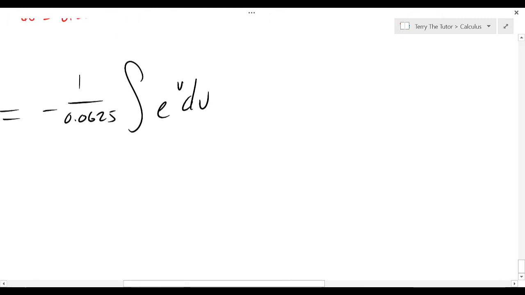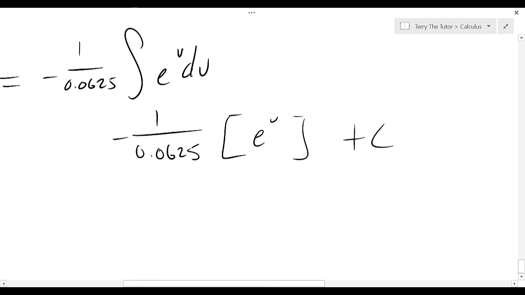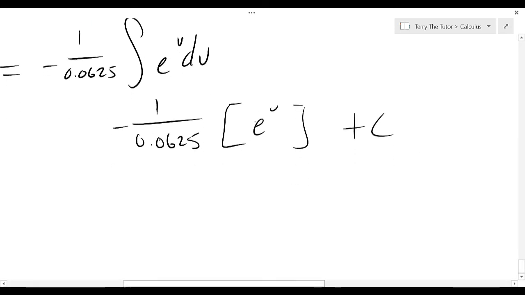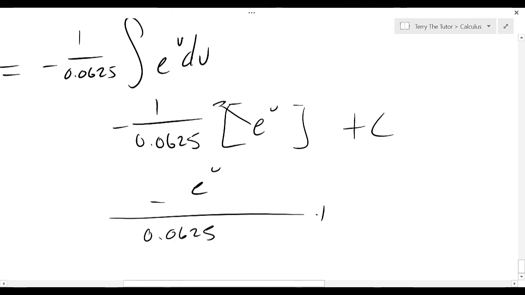So I've got negative 1 over 0.0625 times e to the u plus c. So I'm going to just multiply that by my numerator, so I wind up with negative e to the u over 0.0625 plus c.